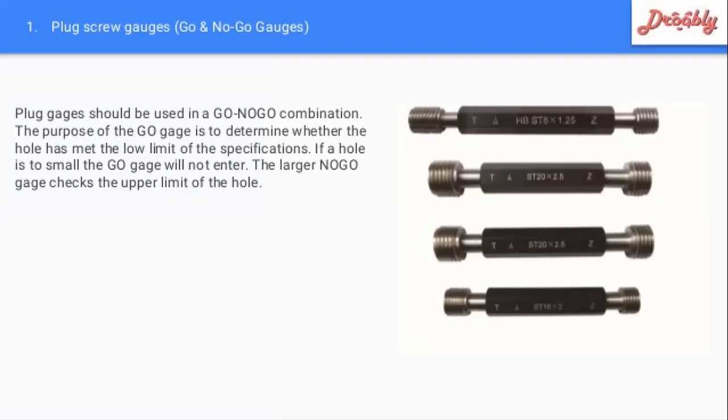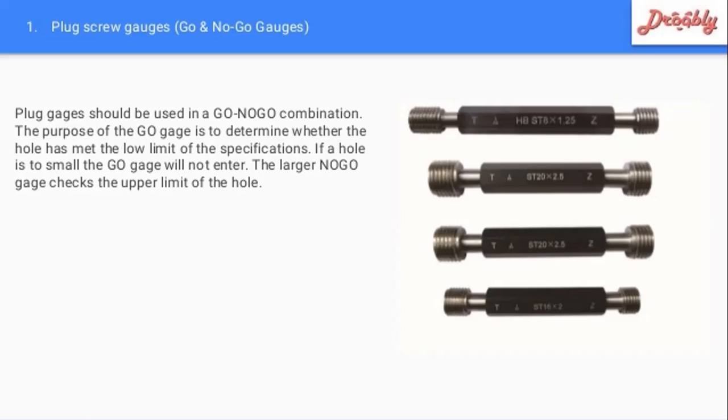If a hole is too small, the gauge will not enter. And the larger no-go gauge checks the upper limit of the hole.